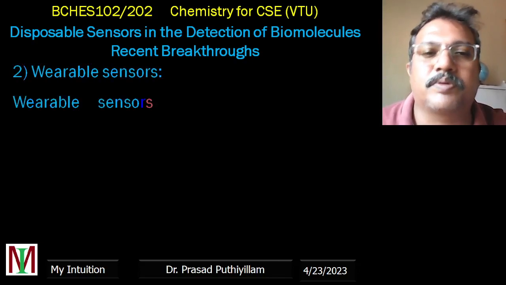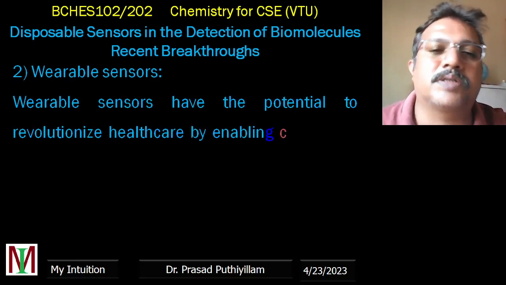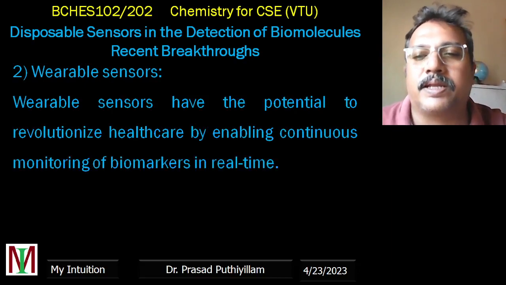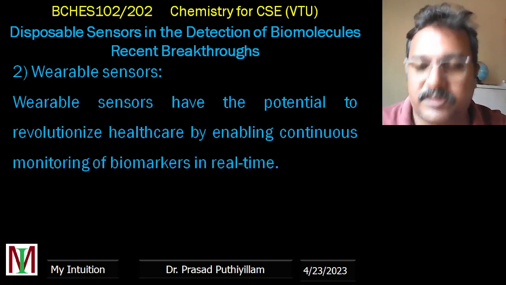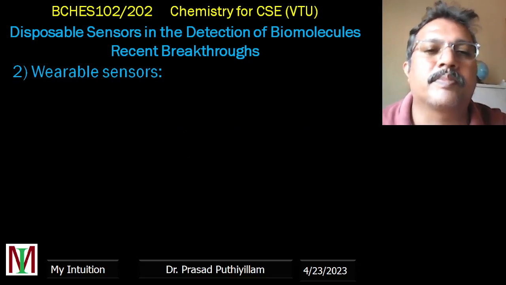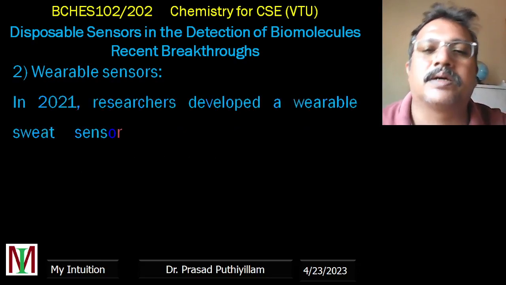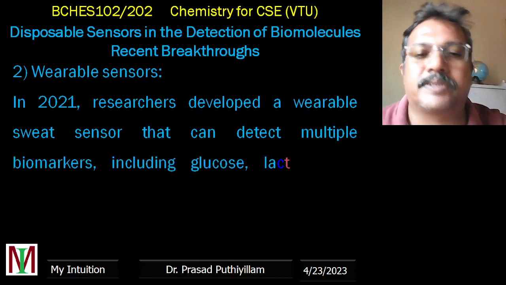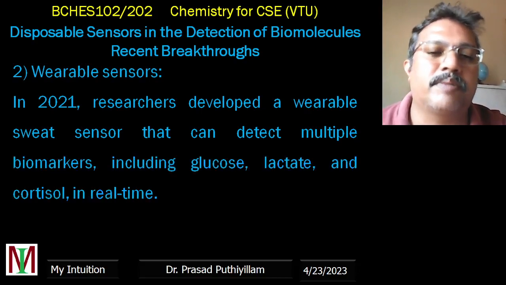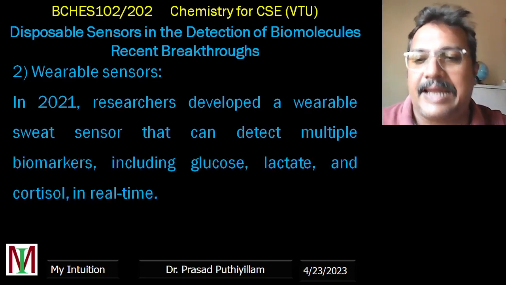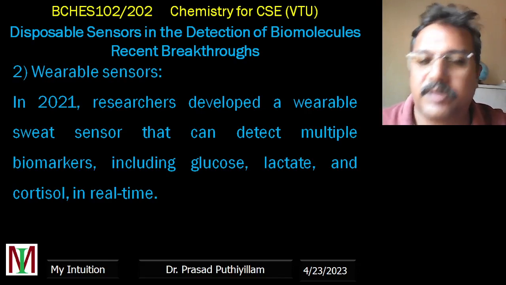Wearable sensors are getting ready, with the potential to revolutionize healthcare by enabling continuous monitoring of biomarkers in real time. In 2021, researchers developed a wearable sweat sensor that can detect multiple biomarkers including glucose, lactate, and cortisol in real time.